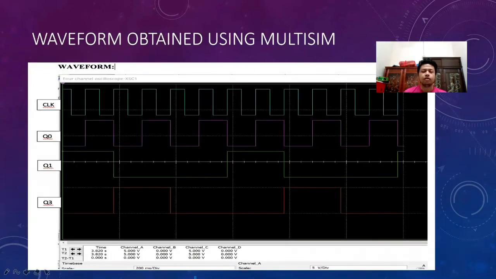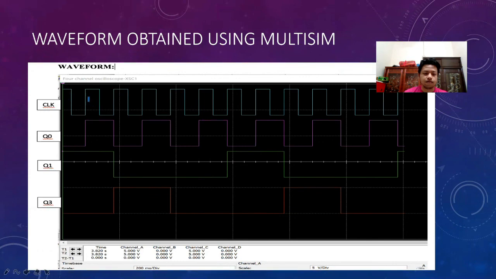As you can see here, since our lab project is about the MOD-6 counter, theoretically it will reset after the 6 rises. So here, as you can see, it is high first. After the first cycle, we reset here.